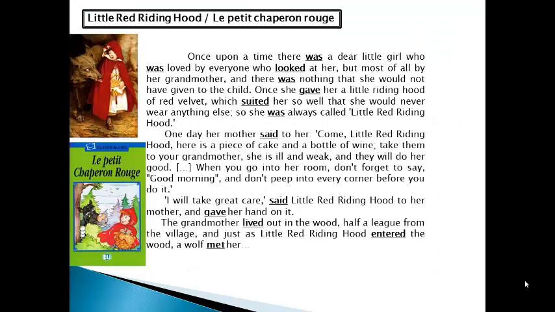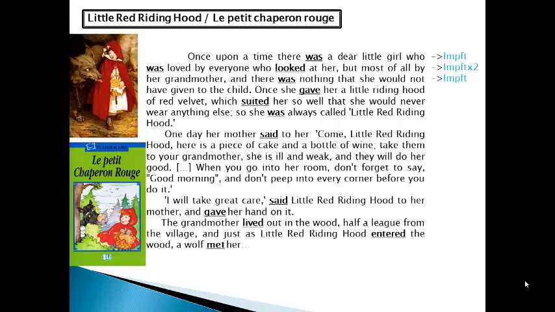Once upon a time, there was a dear little girl, imparfait, who was loved by everyone who looked at her, imparfait, but most of all by her grandmother, and there was nothing that she would not have given to the child. Once, she gave once, right? What are you going to put with once?